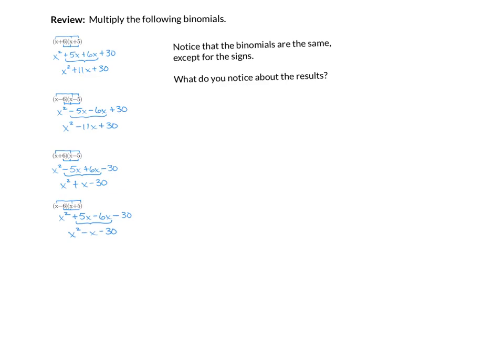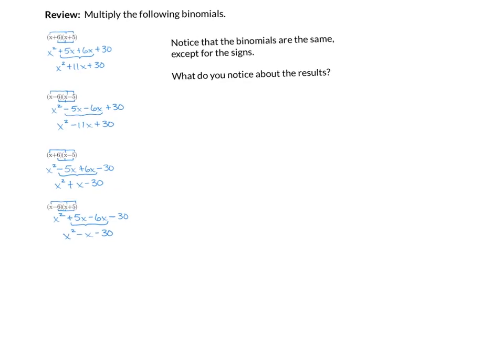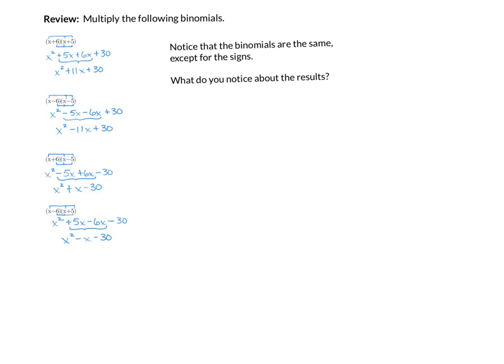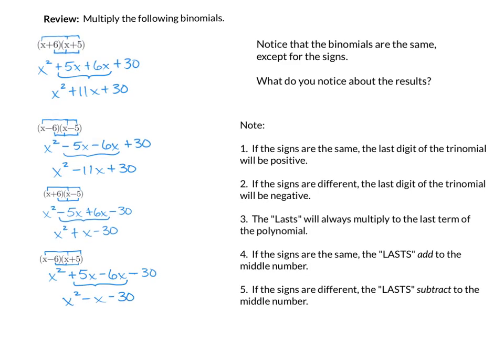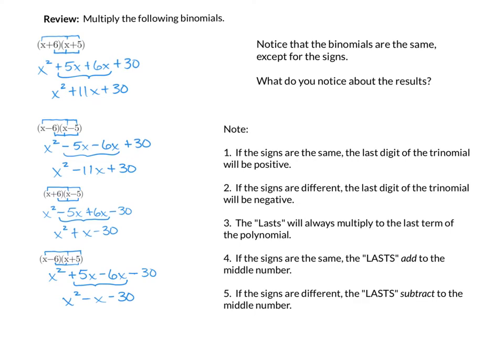So now let's look at some things that we want to notice. Notice that our binomials are the same except for the signs. What do you notice about the results? If the signs are the same, the last digit of the trinomial will be positive because we're multiplying a positive times a positive or a negative times a negative.